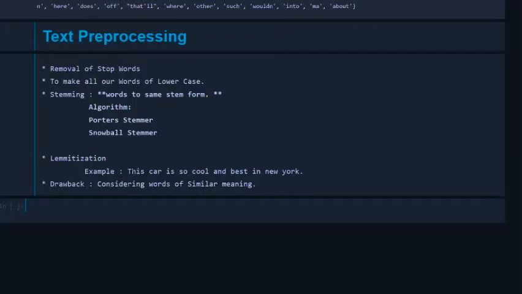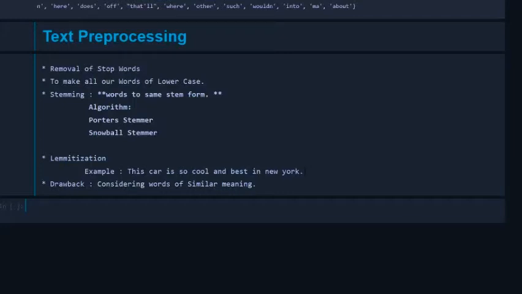Otherwise, what will happen? Take one example: this car is so cool and best in New York. If the computer sees this, it will delete those words which we consider stop words, but there are words like New York.